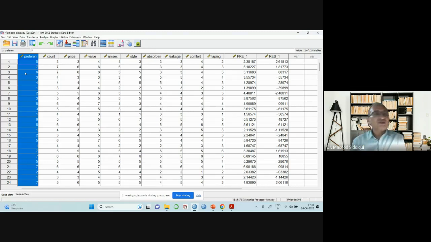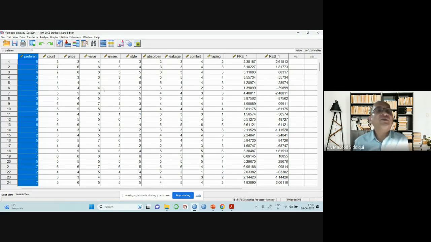Now, we examine what are the reasons, what are the factors for this variation in y. So one reason may be that suppose some person wants to buy diaper because of the attribute absorbency, and if proper absorbency is there, that person will give high score, and if proper absorbency is not there, that person may not give such a high score.